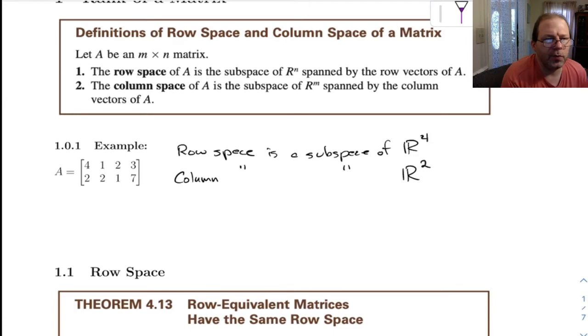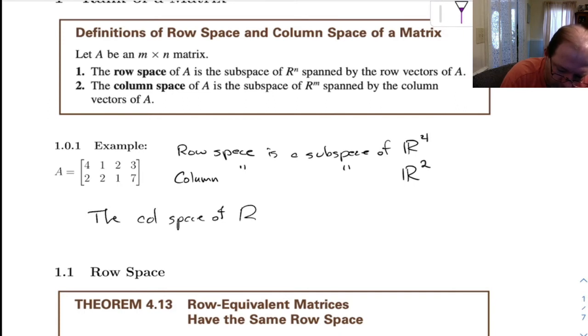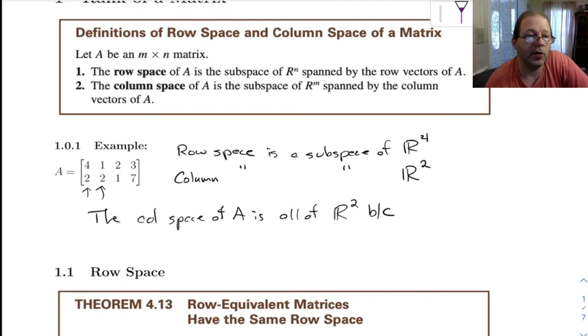And if we were to look at this one and think about it, the column space is actually going to be all of R2. So the column space of A is all of R2 because we can look at it and tell, we've got at least 2 vectors here that are not parallel to each other.